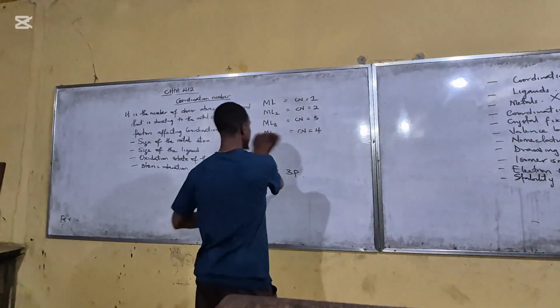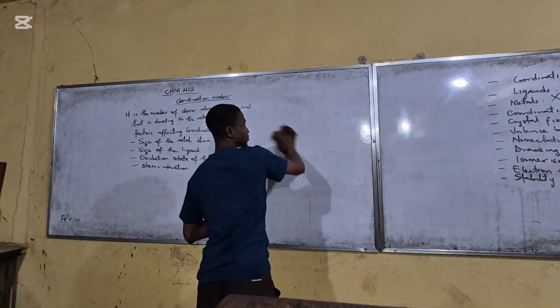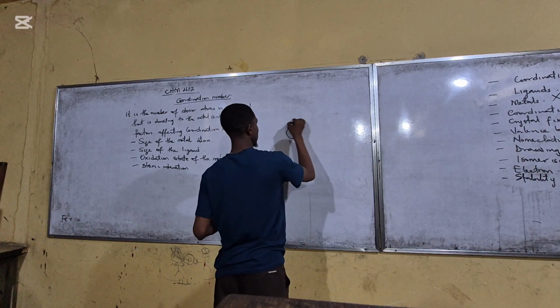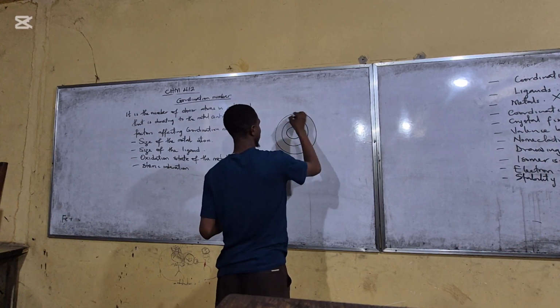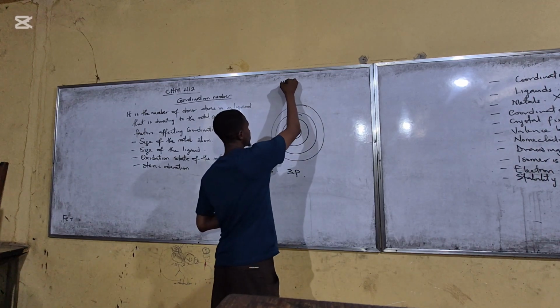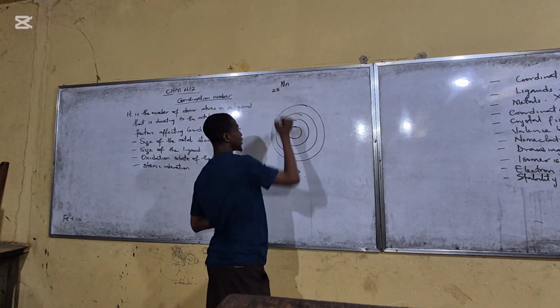Now, let's go back a bit to secondary school days. Let's look at Mn, manganese. Manganese is 25. Are you with me?